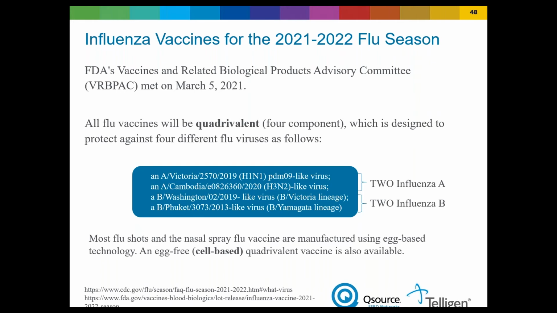For this season, all flu vaccines will be quadrivalent, meaning they are designed to protect against 4 different flu viruses, as shown here: 2 influenza A and 2 influenza B. Most flu shots and nasal spray vaccines are manufactured using egg-based technology. However, an egg-free or cell-based quadrivalent vaccine is also available. Next slide.